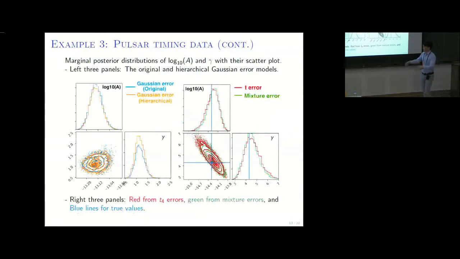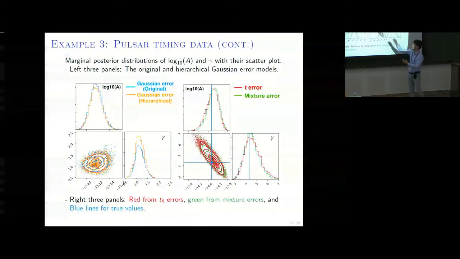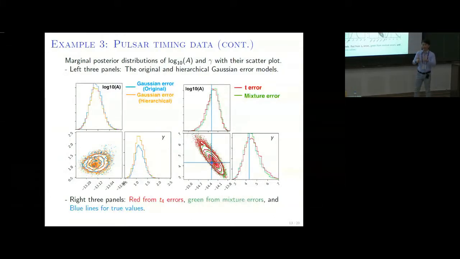We did some sampling using the previously existing model and our new models, checking several error assumptions. The three left panels show the result from the Gaussian error model, but one is from the original model based on marginal likelihood, and the orange curve shows the result from the Gaussian error model using the hierarchical model.